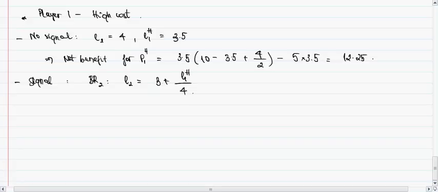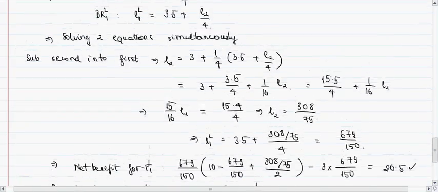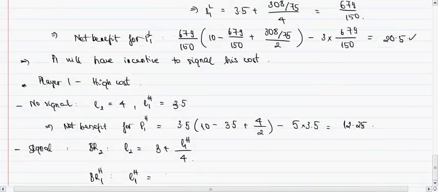If player 2 knows that player 1 is a high cost, he will be responding to that information. And the best response function for player 1 of the high cost is going to be L1 high equal to 2.5 plus L2 divided by 4.